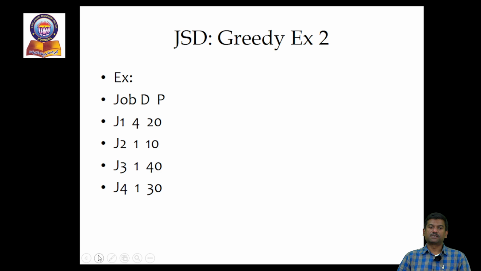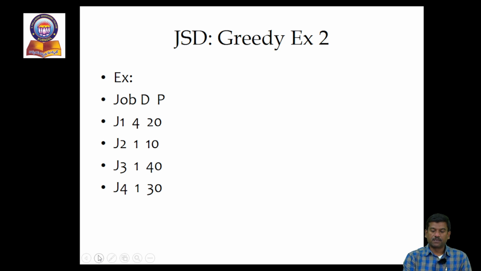The next column specifies the deadline: job 1 has to be completed within the first 4 seconds, job 2 within the first 1 second, and so on. The profits of the jobs are 20, 10, 40, and 30. So this indicates there are various kinds of possibilities.